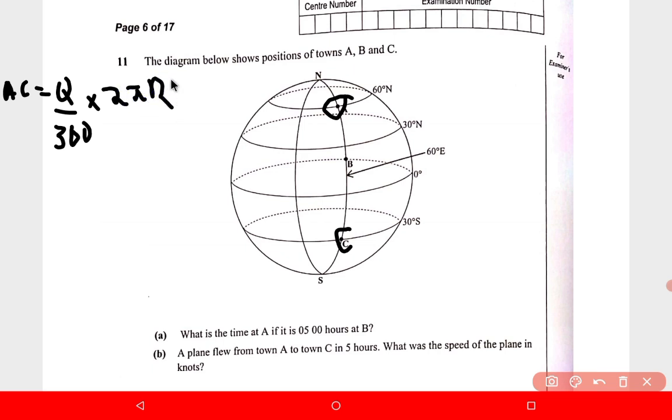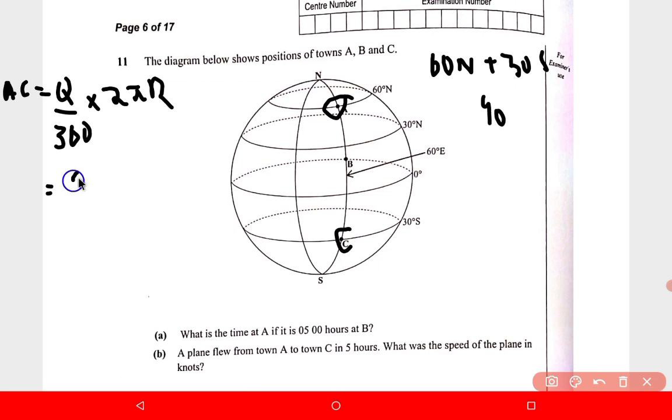Now they haven't told us which pi we should use, which r we should use. So A is at 60, C is at 30, so we add them because they are different poles. So 60 north plus 30 south, this will give us 90.